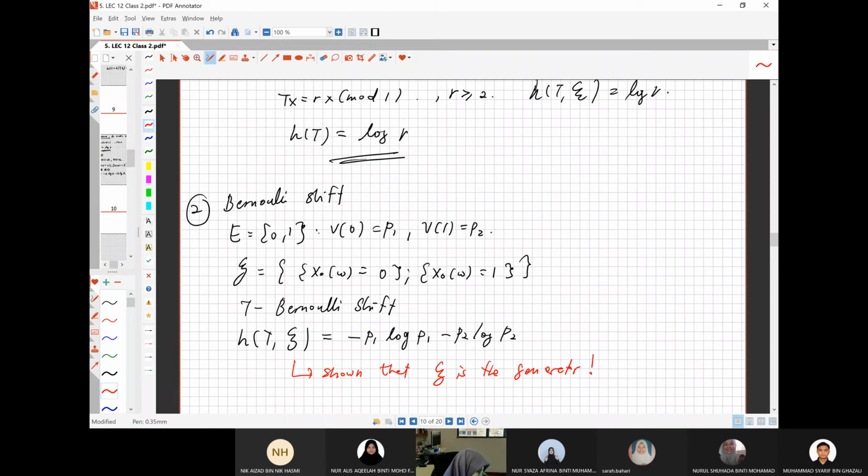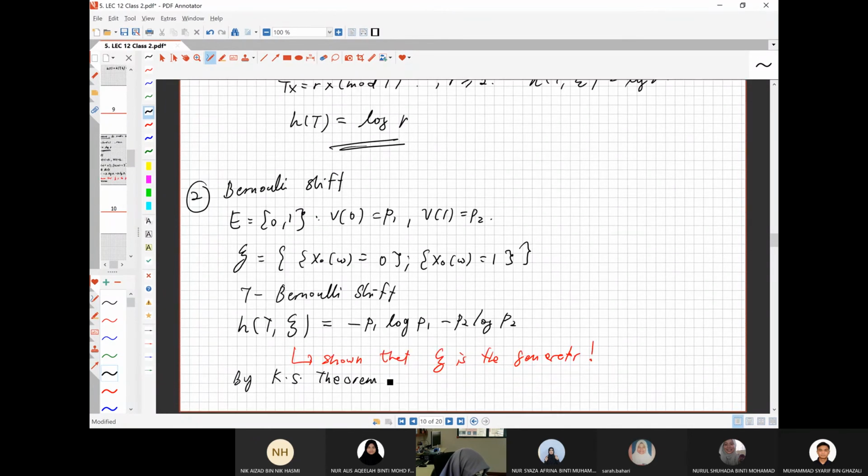So because of that, we use the information, and by the Kolmogorov-Sinai theorem, I have the entropy of the Bernoulli shift or entropy of the transformation T is equals to minus P1 log P1 minus P2 log P2. Okay.